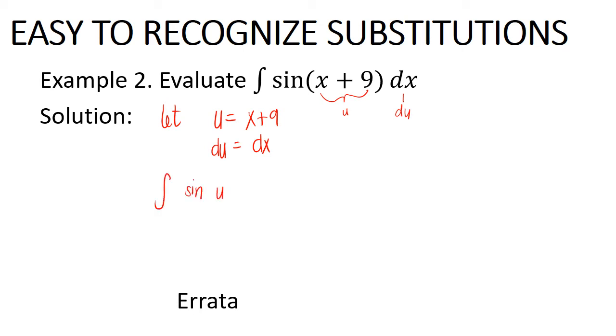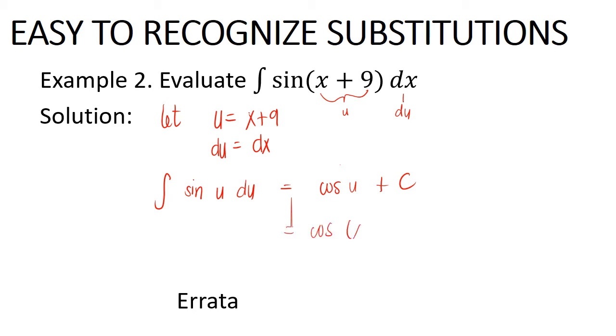So, ito ay magiging u. And ang dx natin ay magiging du. So, na-transform natin yung function natin. So, sin u or yung integral natin, du. And alam natin, kung na-memorize mo na yung integral, ang integral ng sin u du ay equal lang sa negative cosine of u plus c.